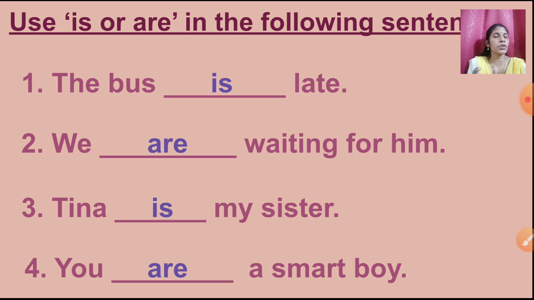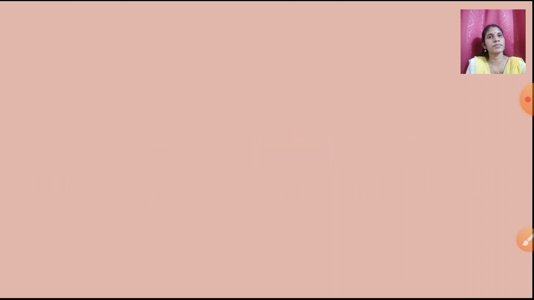Here we are not going to see whether it is singular or plural. Always with you we are supposed to write are. You are. And a smart boy means what? We are talking about one. So here you are a smart boy. Okay children. Now the next one.